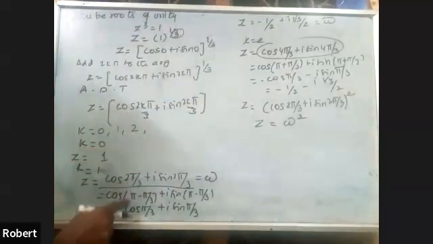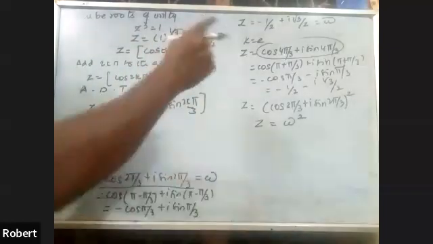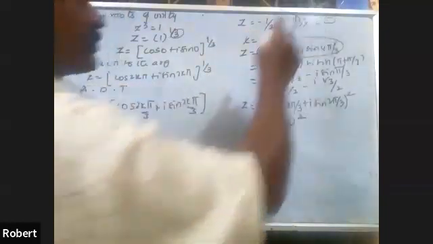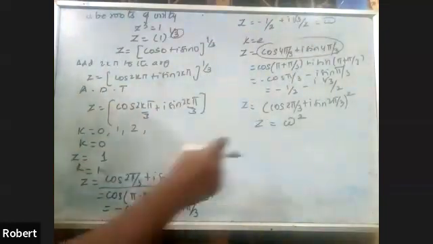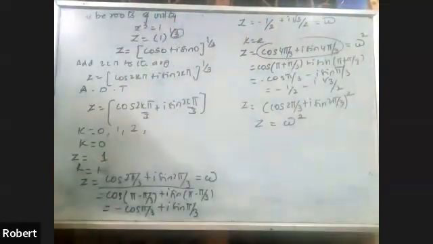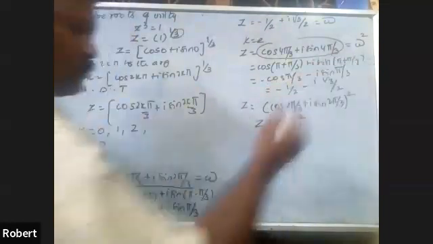I can write 2 pi by 3 as pi minus pi by 3. We'll get minus cos pi by 3 plus i sin pi by 3. Cos pi by 3 is 1 by 2. Sin pi by 3 is root 3 by 2. Therefore omega value is minus 1 by 2 plus i root 3 by 2. Similarly, taking this as omega square, the value of omega square is minus 1 by 2 minus i root 3 by 2.